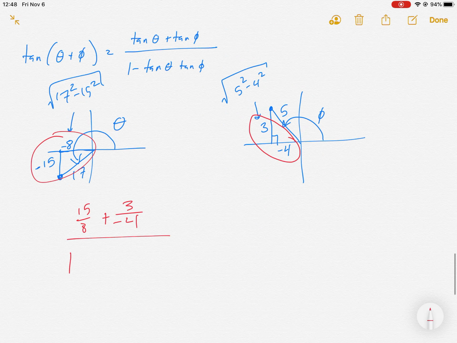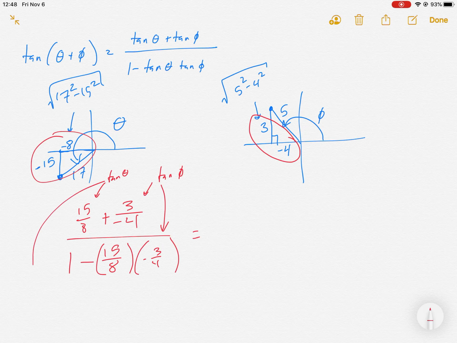And then in the denominator, I have to go 1 minus 15 over 8 times negative 3 over 4. And so now we have to do some work. We're going to go ahead and maybe I'll just annotate this real quick so we know where all these things are coming from.